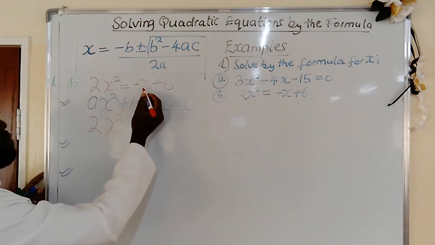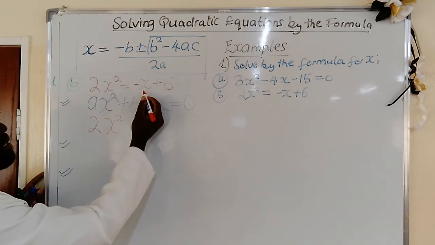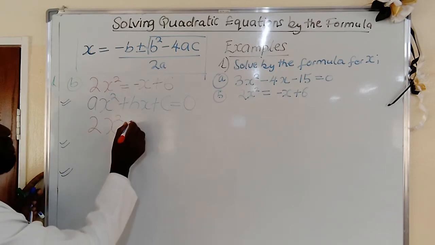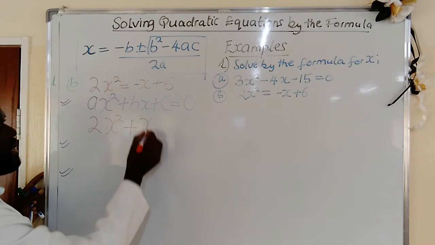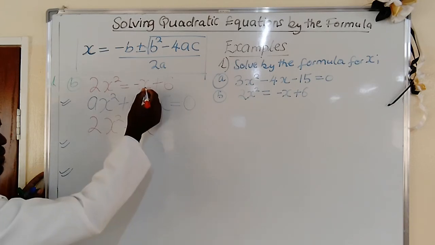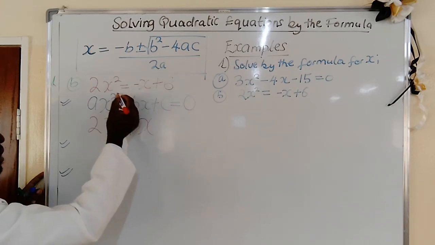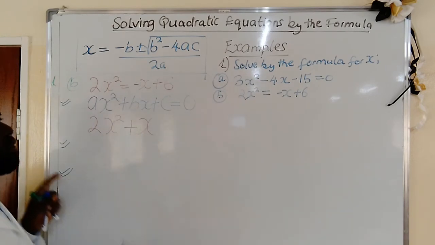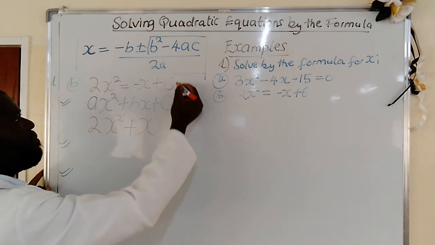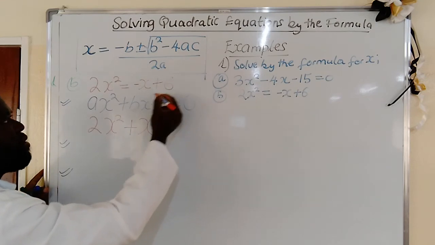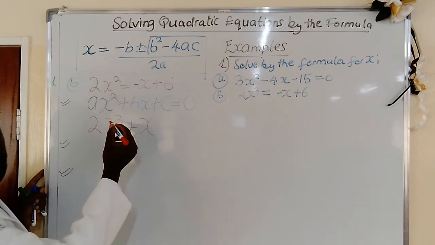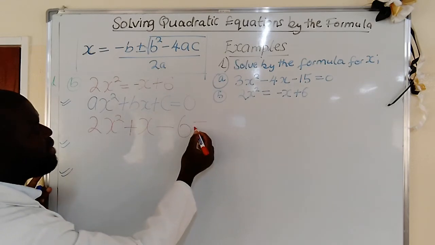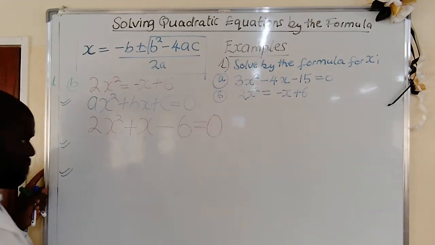When we move negative x to the left hand side of the equal sign, we shall have plus x. Also, we move plus 6 across the equal sign, so that we have 2x squared plus x minus 6 is equal to 0.